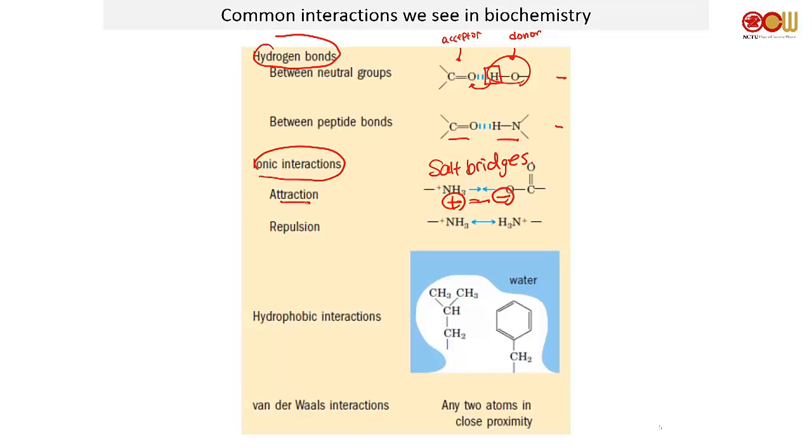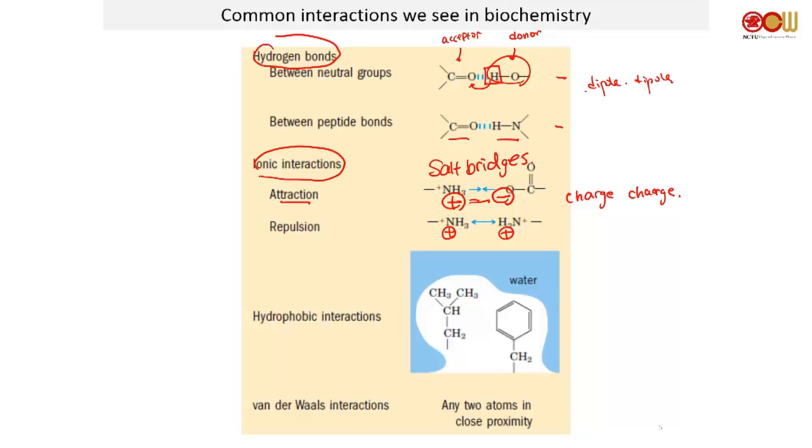Of course, sometimes you have repulsion, okay? That happens when, let's say, you have two positive charges really close to each other, they repel. So that also contributes to protein structures sometimes. Okay? All right? So this is charge-charge interaction, and these are essentially dipole interactions, but it doesn't really matter.